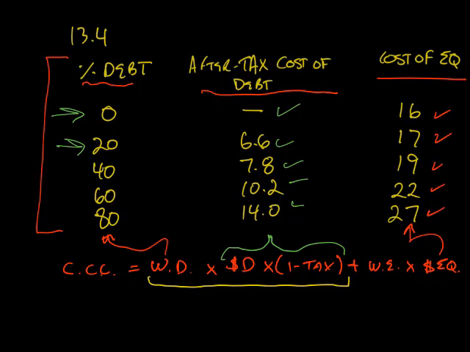For example, on the first one, the weighted percent is 20%, times, well, look at that, it already gave me the after-tax cost of debt. Be careful on writing your percentages. The math actually works if you don't convert your percentages into decimal form, but if you do it that way, be consistent.